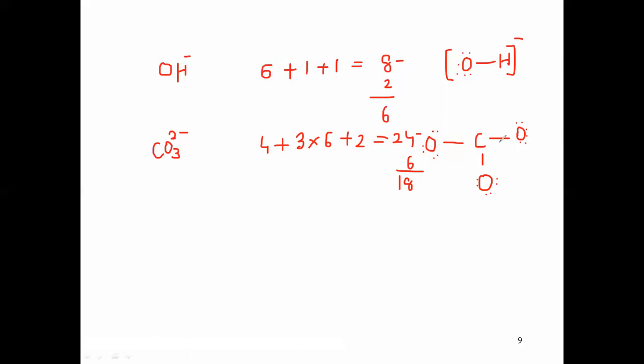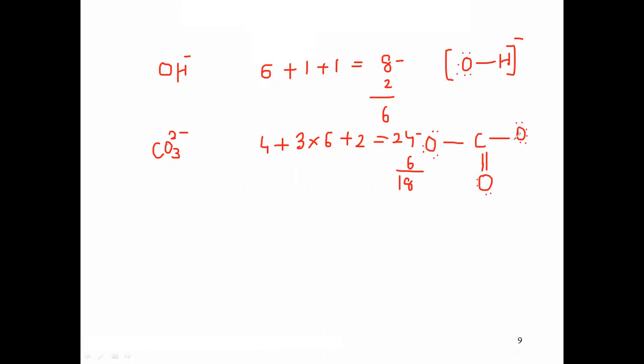So for that, what we can do, 2 electrons on any of these oxygen atoms we can convert into a bond. So we will do that. I'm taking from this oxygen atom. You can take from any of the oxygen atoms and make a double bond. Now you can just count electrons. Here 1, 2, 3, 4, 5, 6, 7, 8. Okay, this is completed its octet, and this carbon-oxygen already completed.